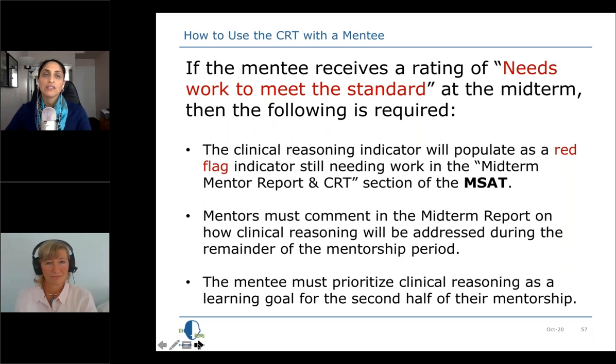So firstly, the clinical reasoning indicator will populate in the midterm report automatically as a red flag indicator that still needs work. And as a mentor, you will be commenting in the midterm report on how clinical reasoning will be addressed during the remainder of the mentorship period. The mentee must prioritize clinical reasoning as a learning goal for the second half of their mentorship.